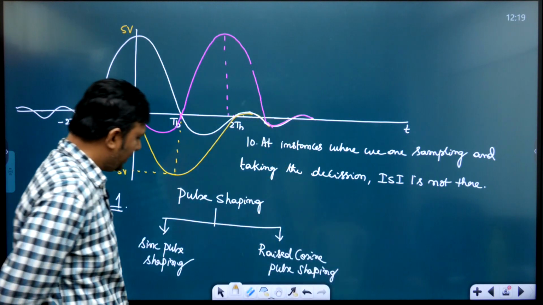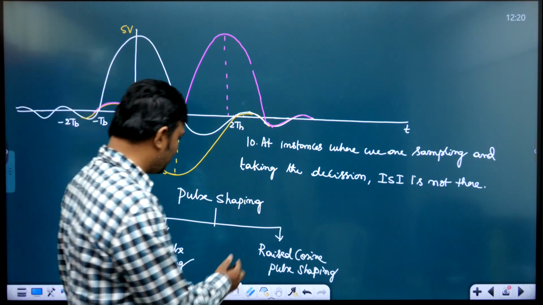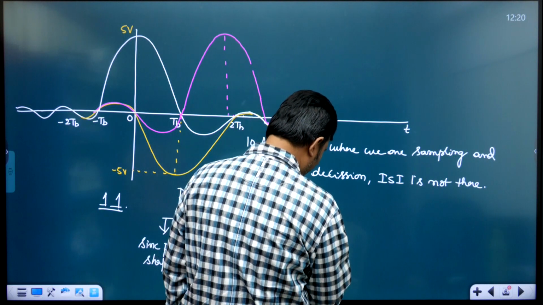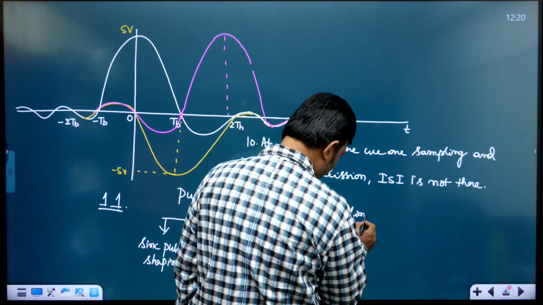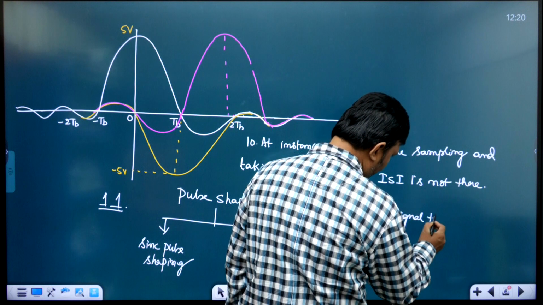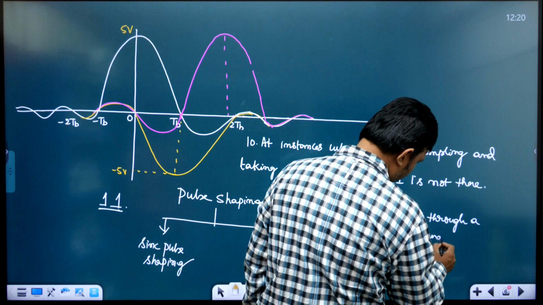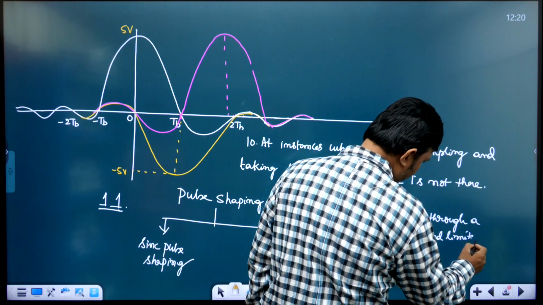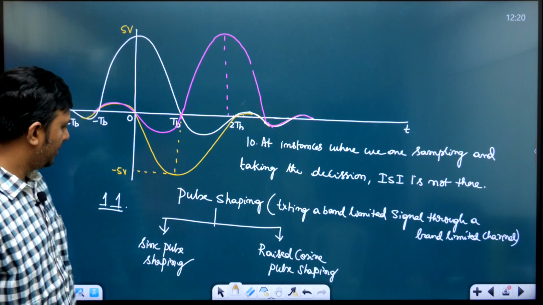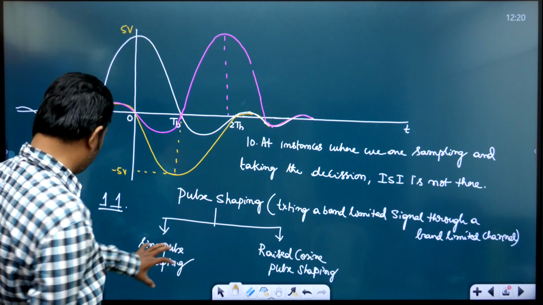See, pulse shaping means transmitting a band limited signal through a band limited channel. Alright, so two types of pulse shaping. One is sync pulse shaping and the other one is raised cosine pulse shaping. Sync pulse shaping we have seen.